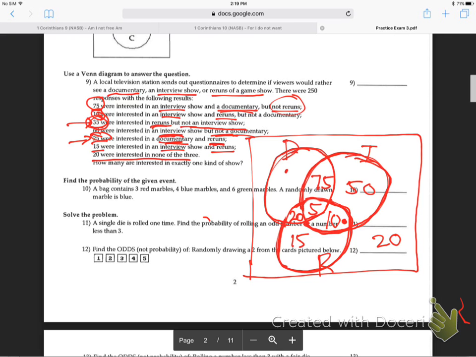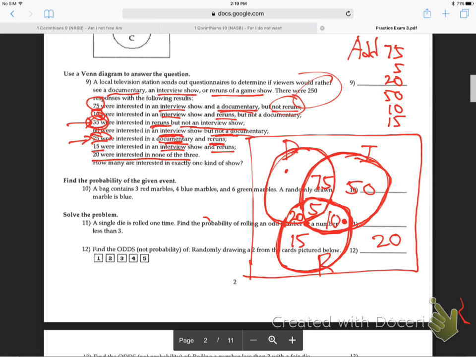There's 250 responses. Yeah, this is a hard question. 250 total in the box. So add them all up and subtract from 250. The missing one is the difference. So add all these: 75, 5, 20, 50, 10, 15.